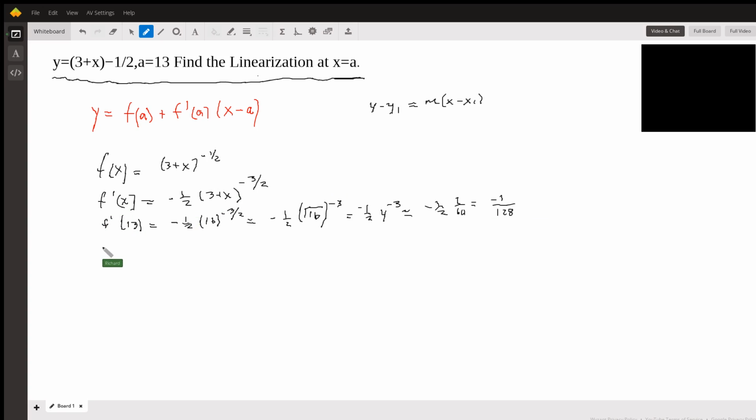So now we're ready. We can say the linearization is, we should also find f of 13. We need that for the formula. So that's going to be 16 to the negative 1/2, which is 1 over 4.